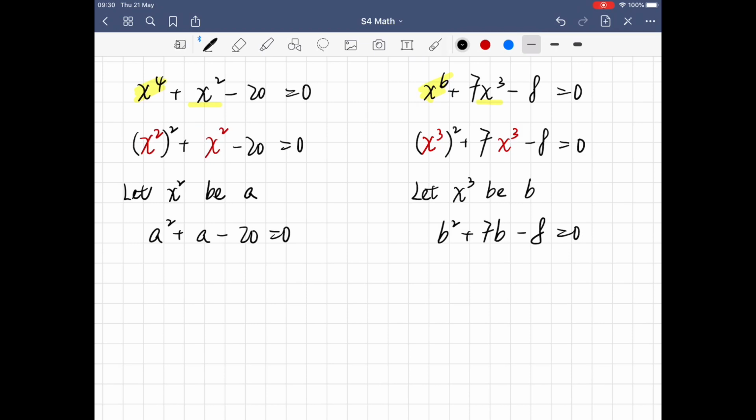It will become (a plus 5)(a minus 4) equal to 0. Therefore, a equals negative 5, or a equals 4. As our target is not solving a, we are going to solve x. So therefore, we have to put the x squared back.